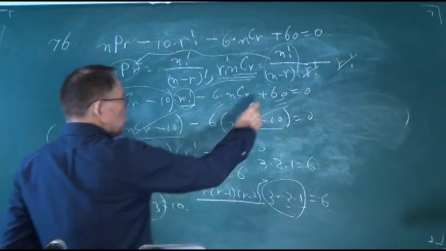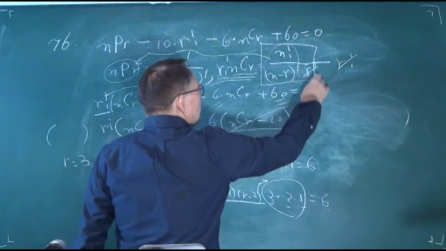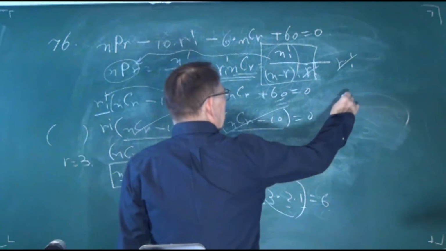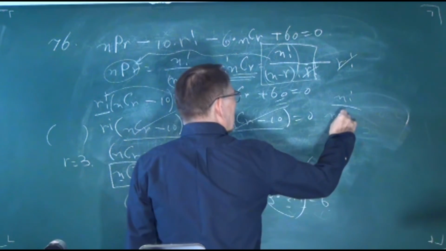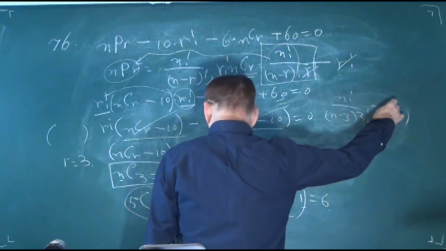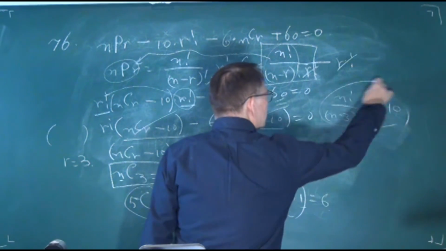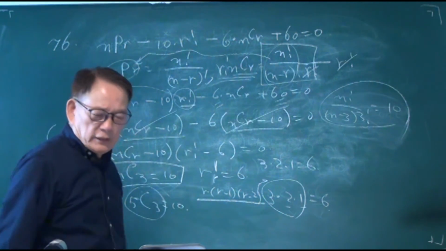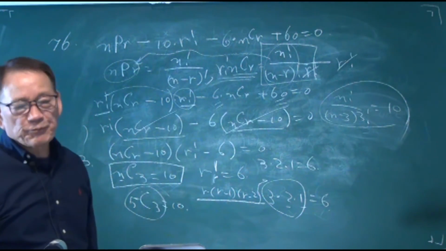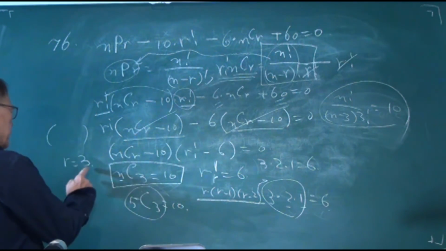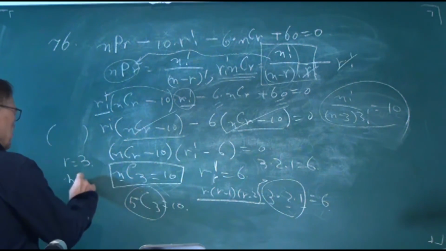With the n, we use this formula and replace r by 3. Then n factorial divided by (n minus 3) factorial and 3 factorial equals 10. Then you multiply backward and simplify, and you will get the idea. So for this question, the answer will be r equal 3 and n equal 5.